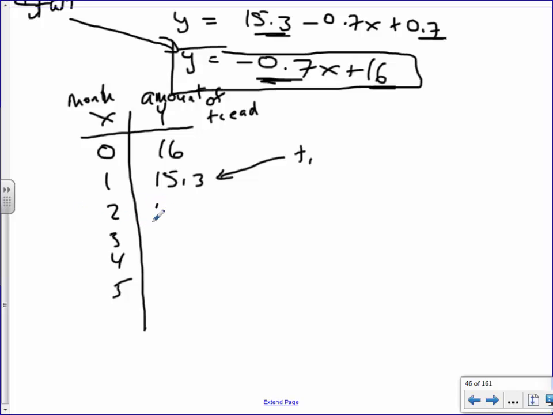So 14.6, 13.9, 13.2, 12.5. Does that work?